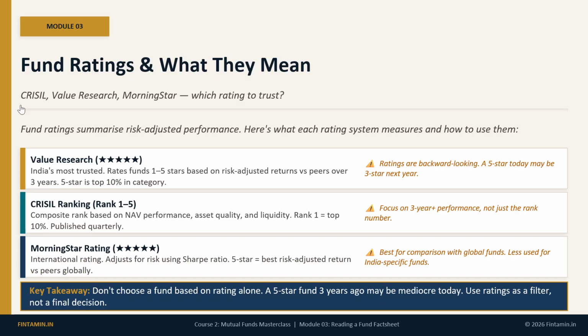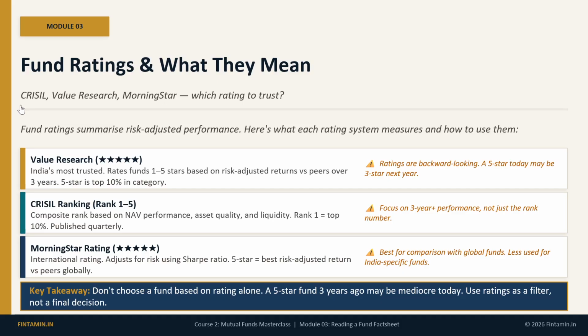A 5-star Value Research rating means the fund is in the top 10% of its category for risk adjusted returns over 3 years. But here is the critical warning: ratings are backward looking. A fund that was 5-star 3 years ago may be a 3-star today if the manager changed or the strategy drifted. Use ratings as a first filter, not the final decision.